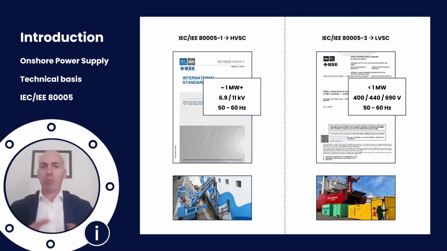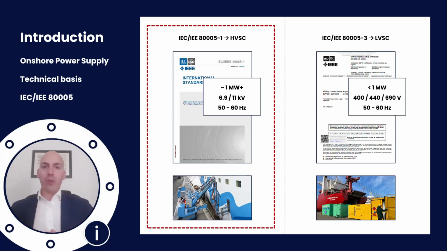Suffice it to say, there's already a benefit of using higher voltage connections because your cable will get lower. And what we see now typically is that in most bigger ports, unless you have very small ships, from even 500-600 kilowatts onwards, already high voltage 11 kV connections are being used. So we focus on the HVSC systems for the most part, and the lower voltage systems to a lesser degree.